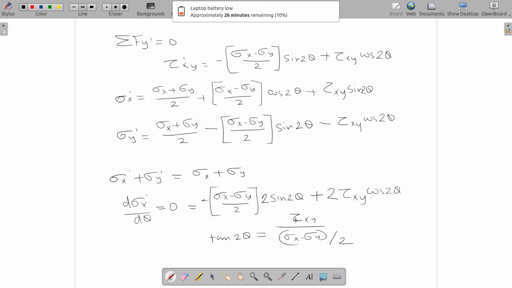So this is the angle, 2 theta. Theta is equal to half of tan inverse of this quantity, which is the angle for which you will get the maximum value of sigma x dash.